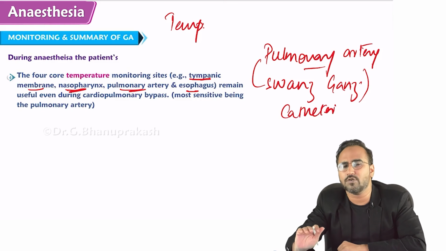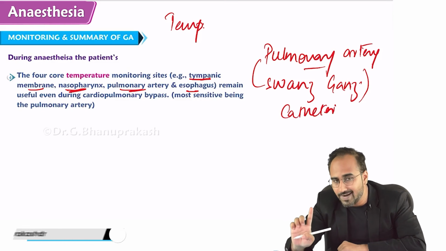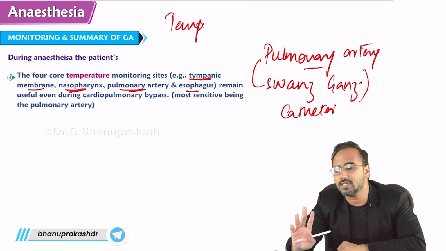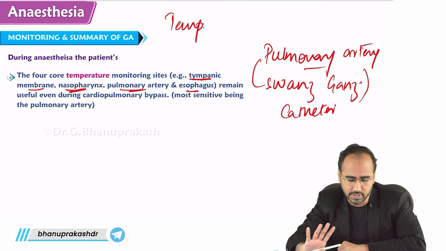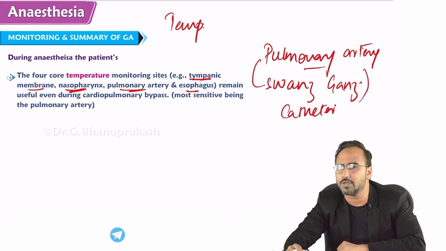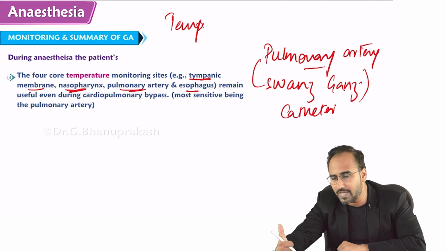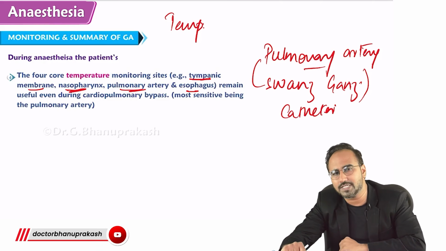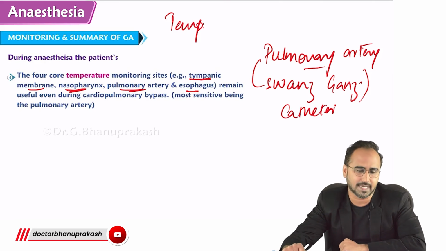So remember, four things are done in monitoring: first oxygenation, second ventilation, third circulation, and fourth temperature monitoring. In temperature, there are two kinds: peripheral temperature and core temperature. For major surgeries, you go for core temperature, and the best site is the pulmonary artery.